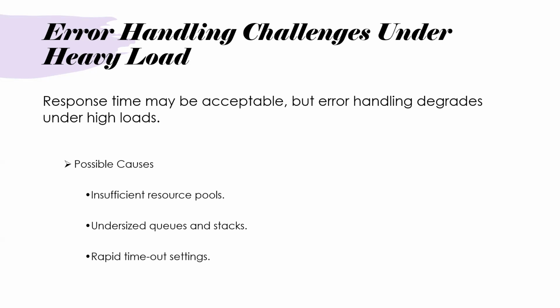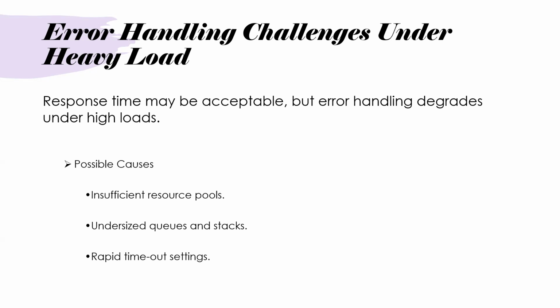Another type of performance bottleneck we could identify in performance testing is error handling challenges under heavy load. In this scenario, we can identify that response time may be in an acceptable range, but errors are degraded under high load.